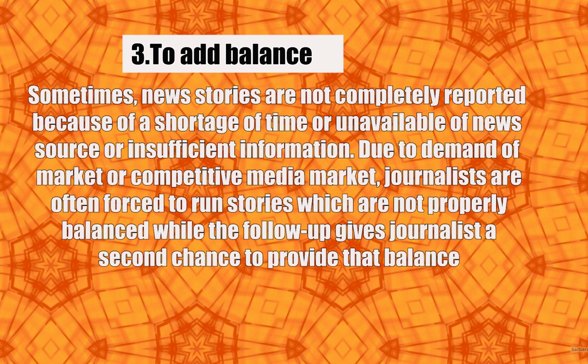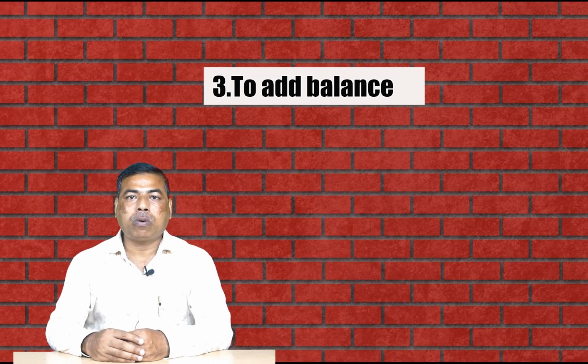Journalists are often forced to run stories which are not properly balanced, while follow-ups give journalists a second chance to provide that balance. For example, if the finance minister announces a controversial new tax, you need to report what the opposition and people affected by it think.